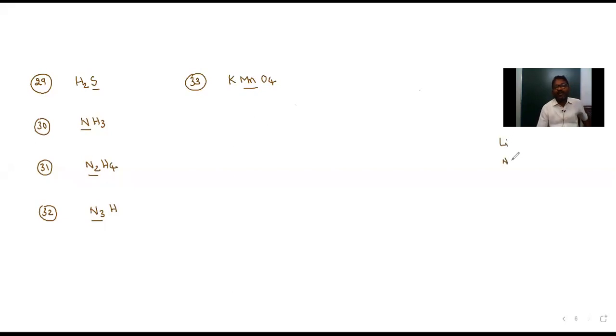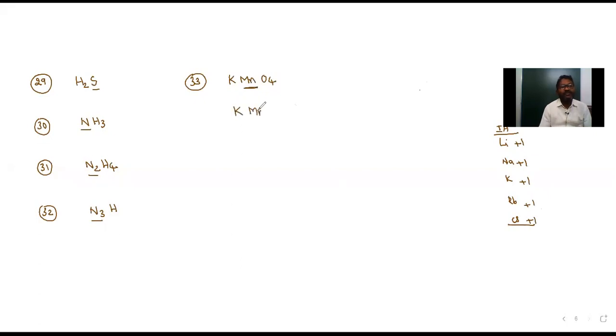Lithium, sodium, potassium, rubidium, cesium, all first A group elements have the common oxidation state +1, because they have the same outermost configuration ns1. I told you in the last class in the rules. Is it not? So in KMnO4, I want it for manganese.